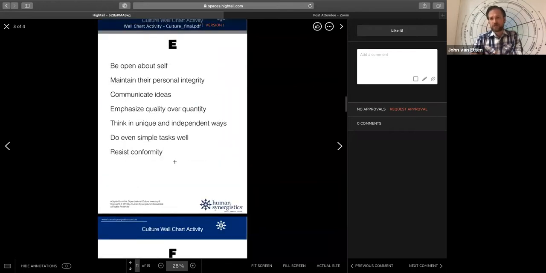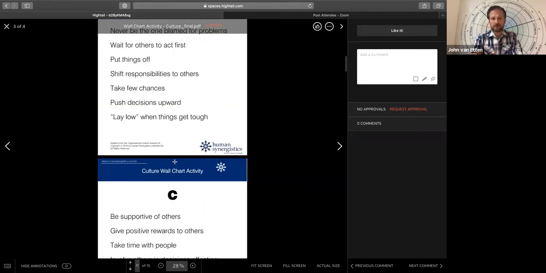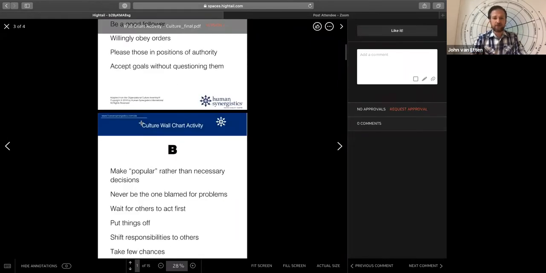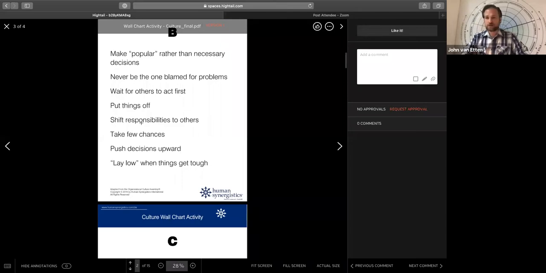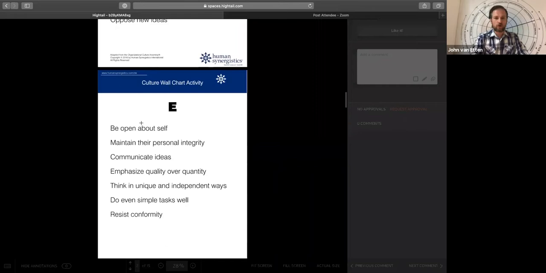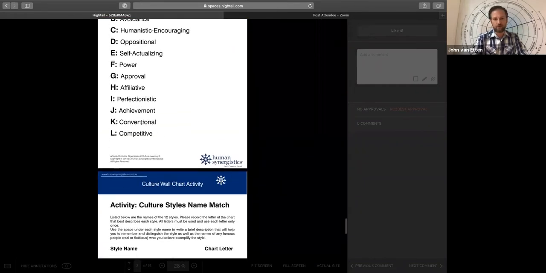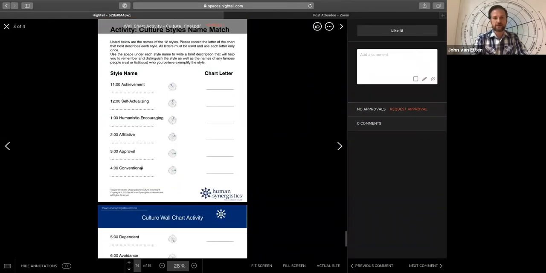Each of them represents one style from our Circumplex. So if you actually look at them, ask everyone what they think before acting, follow orders even if they're wrong, be predictable, right? So dependent behavior. Each one is describing one style. The idea was that they then walk around with this little scoring sheet at the end, which I provided for you, of course, so they can actually do this as an exercise.